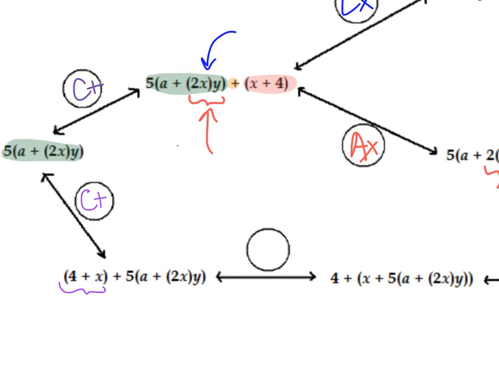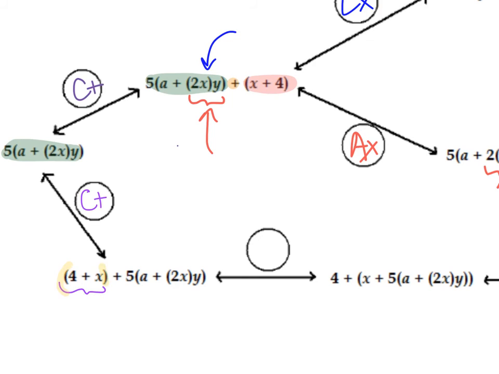Let's look here. So it looks like everything is in the same order. If I'm just reading the variables and the numbers, it goes 4x, 5a, 2xy on the left. On the right, it's still 4x, 5a, 2xy. But if we look at the parentheses, they have changed a bit.